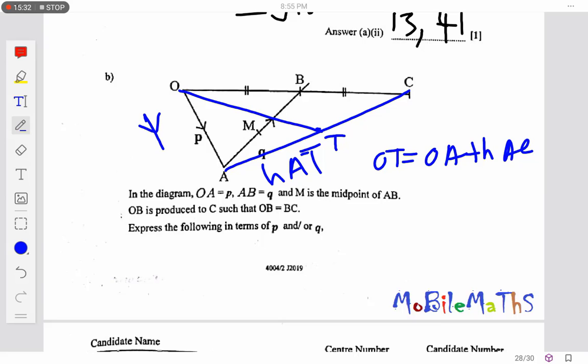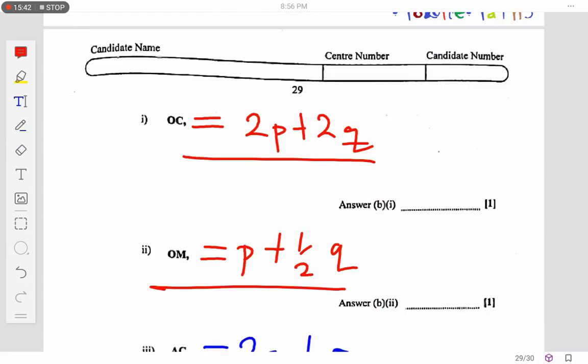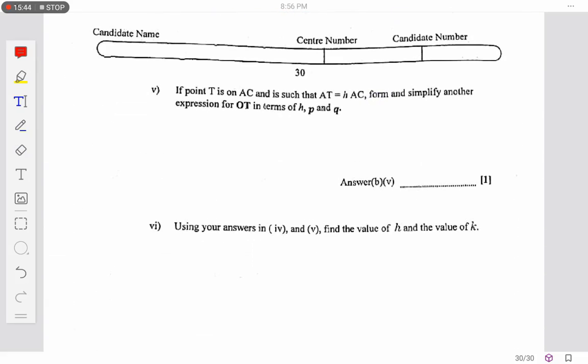Okay, so let's simplify that expression. Let me go to the space I'm given, so that I won't have to rewrite it again. So OT is equal to OA plus H AC.